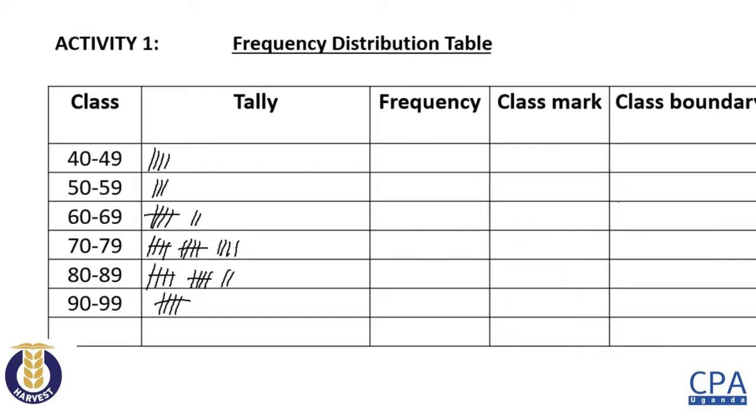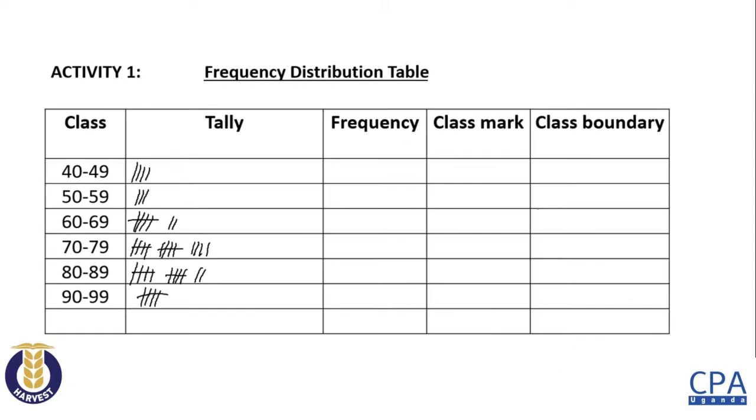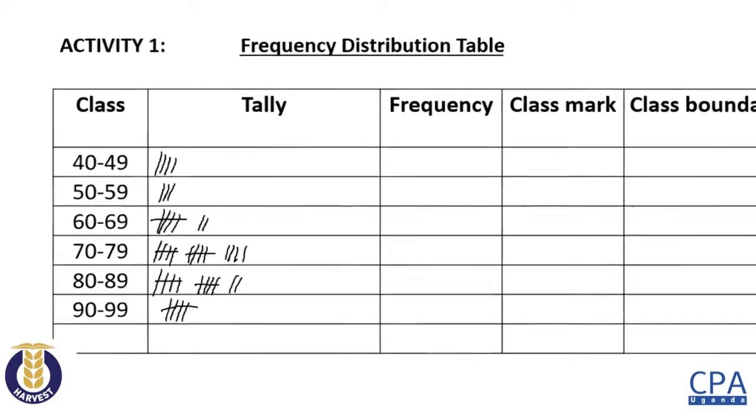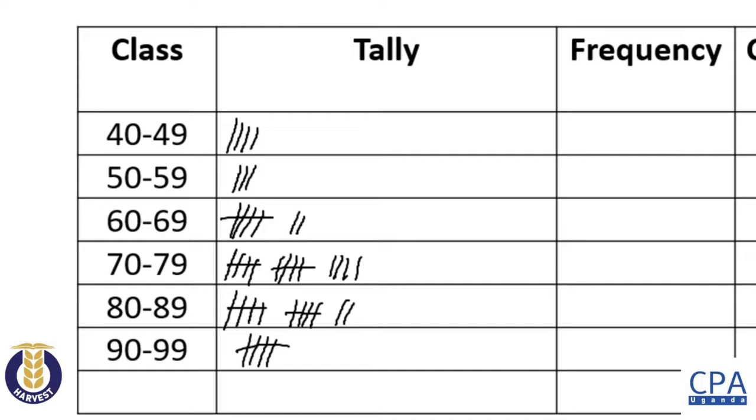So at the end of the tallying process, if you've done your tallying very well, you'll have a table with the column with the tallies that looks like this here. According to my tallying, I've observed that 4 marks fall in the class limit 40 to 49, 3 marks fall in the class limit 50 to 59, and 7 marks fall in the class limit 60 to 69.